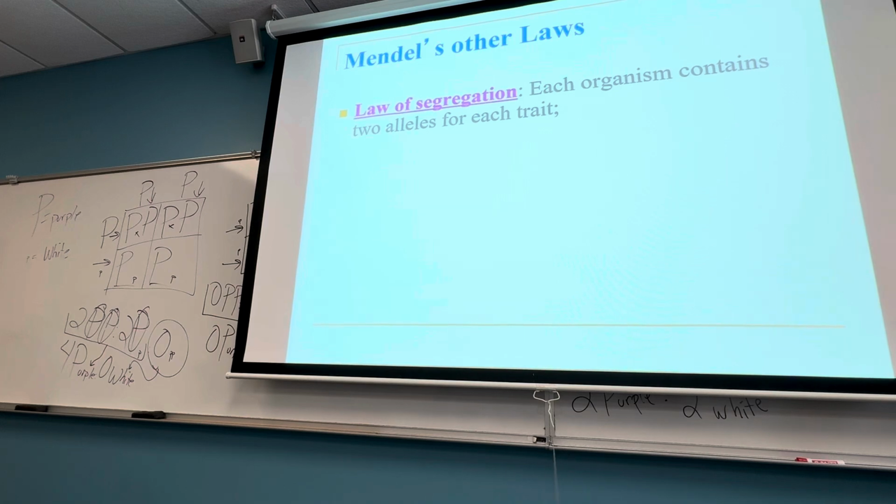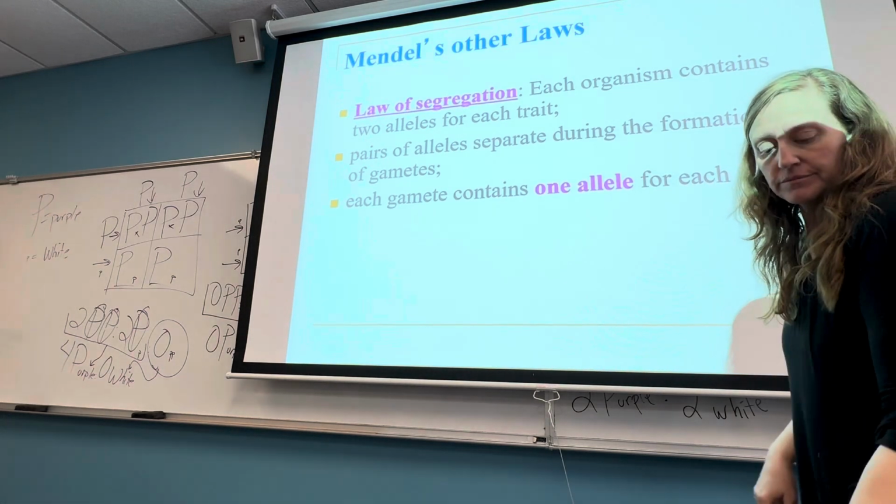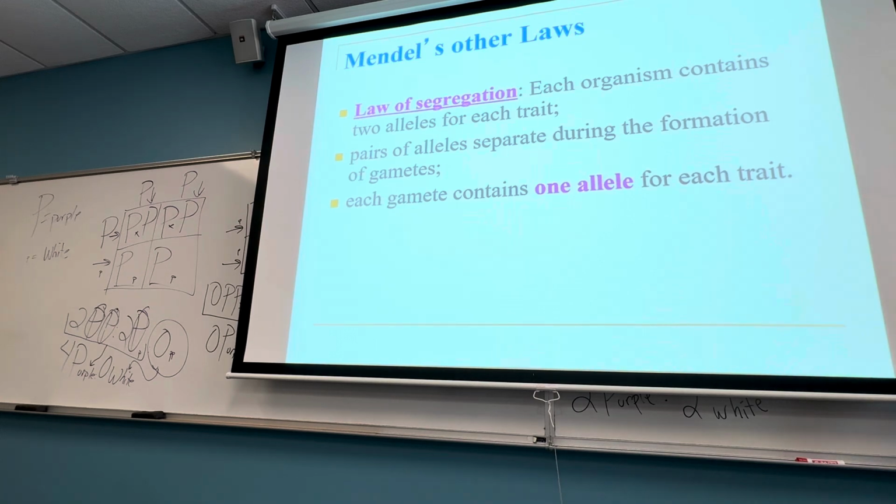They separate during the formation of, if we're just talking about our regular cells, during the formation of regular cells. If we're talking about our gametes, you get 1 allele from each parent in your gametes. And then you get an N or haploid set from one parent and N or haploid set from the other parent. When you add those together, we start to get a 2N cell, which makes all the rest of our cells in our body.